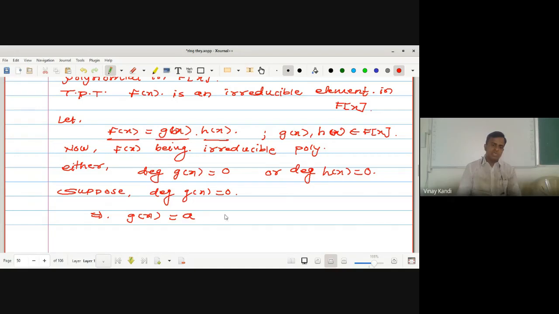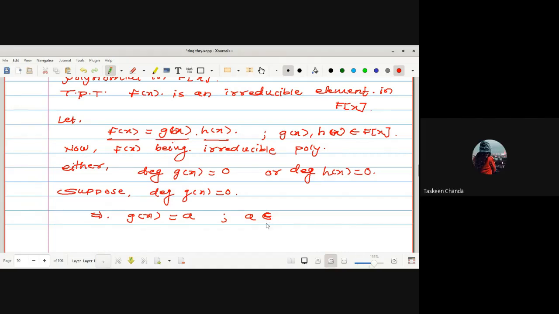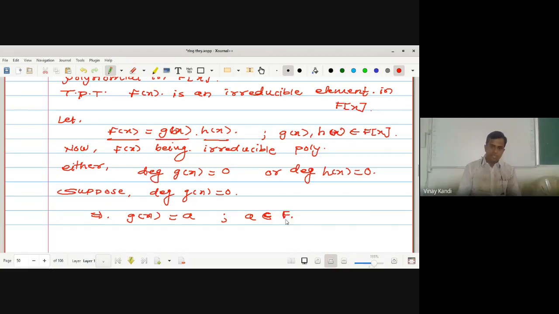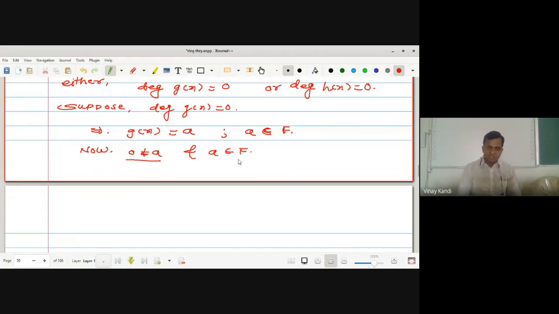Suppose that constant polynomial is a, where a belongs to capital F. Okay, that field F. Now, हा तुमचा कसा आहे कॉन्स्टंट पॉलिनॉमियल आहे. सो 0 नॉट इक्वल टू ए, दॅट इज नॉन झिरो एलिमेंट ए. ओके, सो ए हा कसा आहे तुमचा नॉन झिरो एलिमेंट अँड ए बिलॉंग्स टू कॅपिटल एफ. आणि व्हॉट इज द एफ? एफ इज द फील्ड. सो g of x is the non-zero polynomial in F of x.